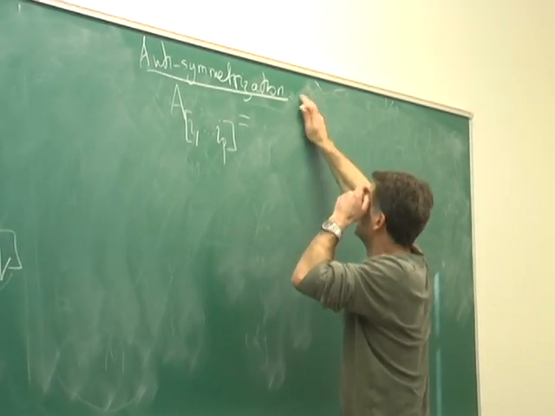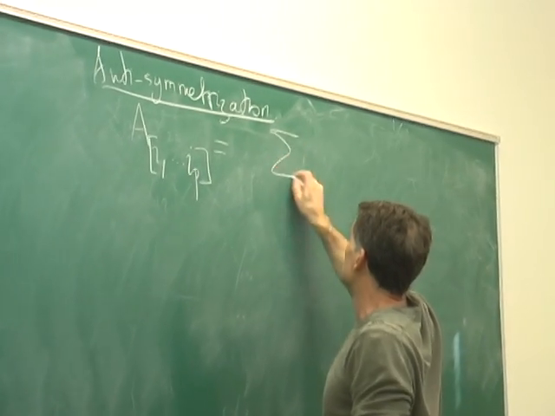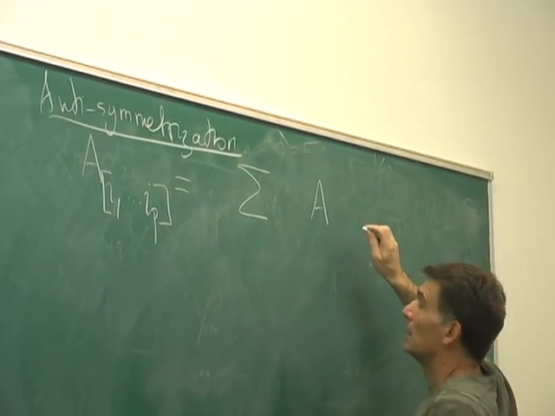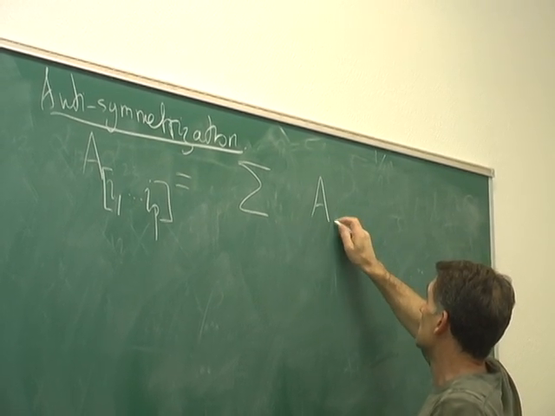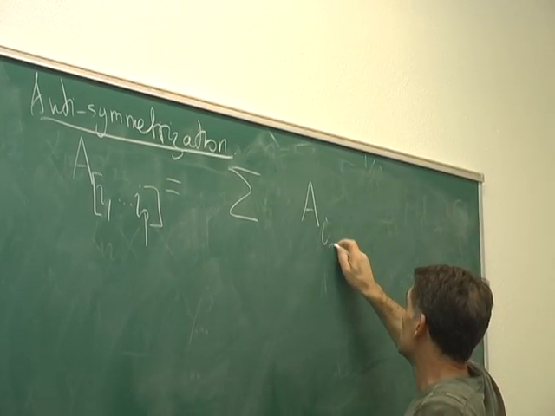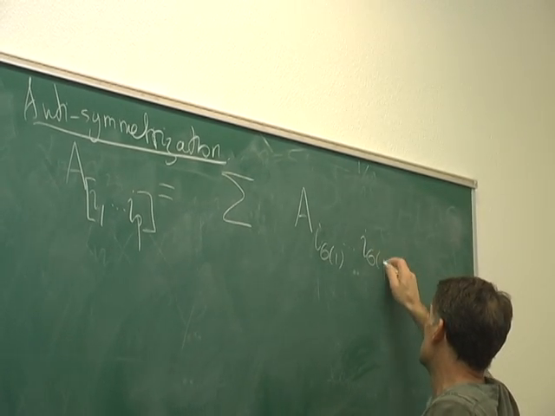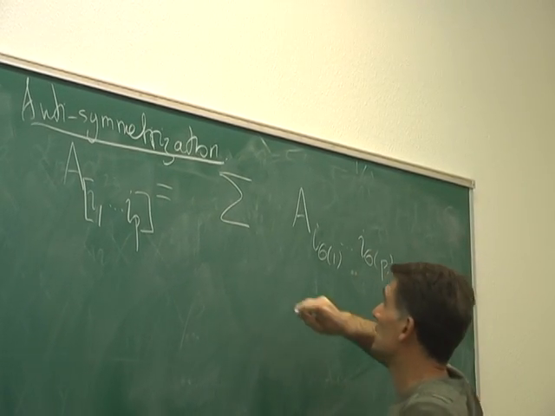Well, this is a summation over sigma of the tensor with indices I of sigma 1 to I of sigma P. I'll tell you what that sigma is.